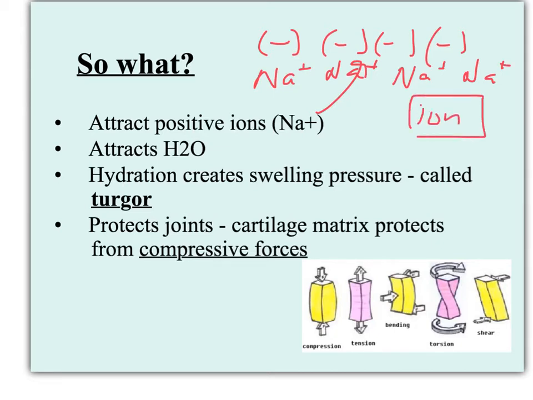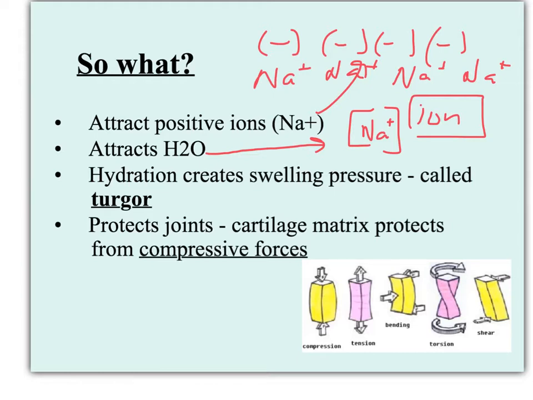And anytime you have a high concentration of any ion, especially one that's got a charge on it, we never like high concentrations of ions anywhere. We don't want to have a big pile of ions, and so water will follow anywhere there's a large concentration of ions to dilute out that large concentration.